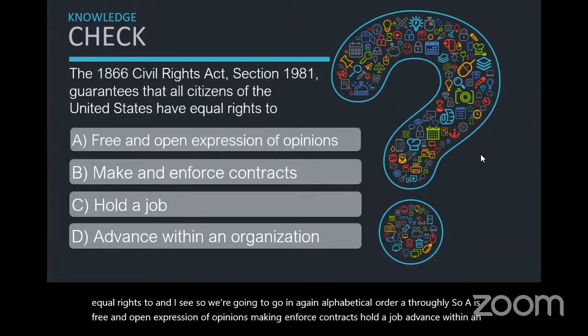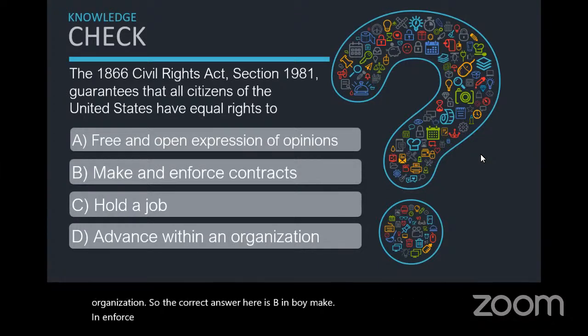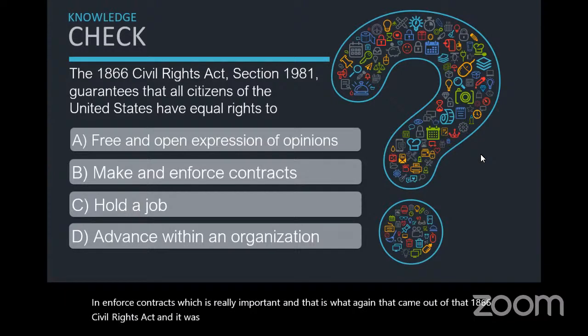So the correct answer here is B, as in boy, make and enforce contracts, which is really important. That came out of the 1866 Civil Rights Act. It was the first act that we talked about opening up Unit 2 this evening. So keep that in mind as we progress through the other slides.